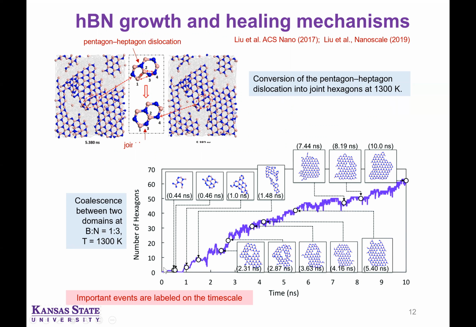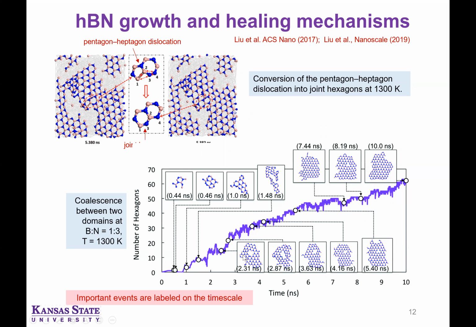Initially, the growth process is rather normal, with the first hexagon quickly evolving into multiple hexagons. In the meantime, at a higher nitrogen deposition ratio, we see multiple domains grow at the same time, and then they can merge into a single domain.